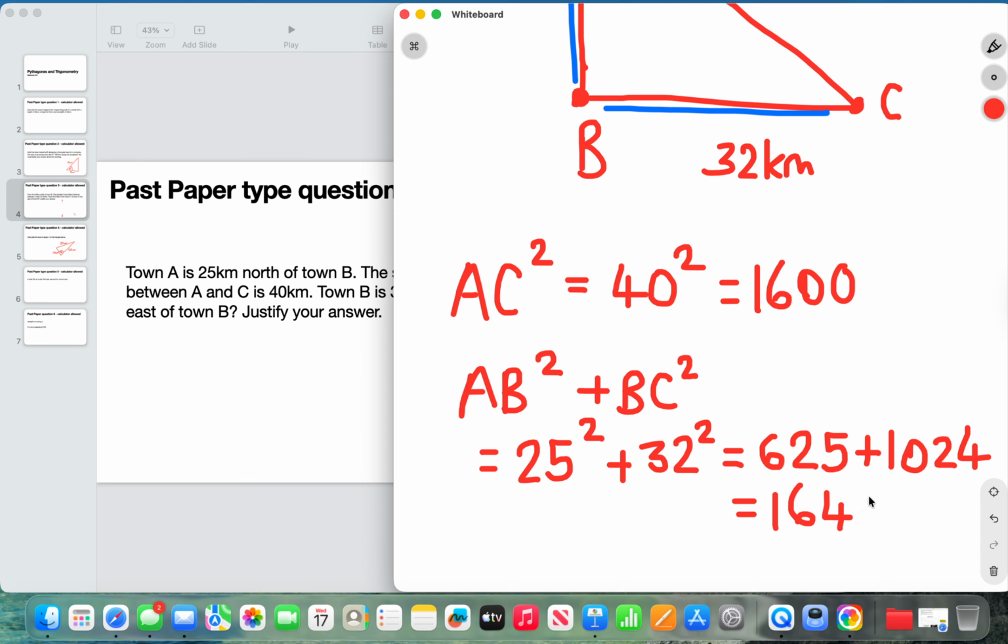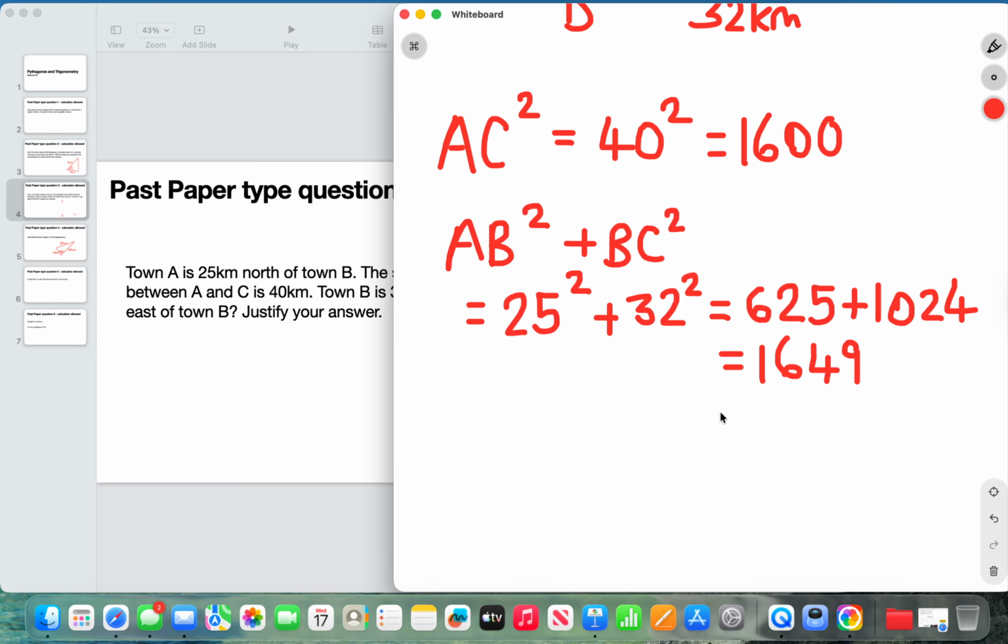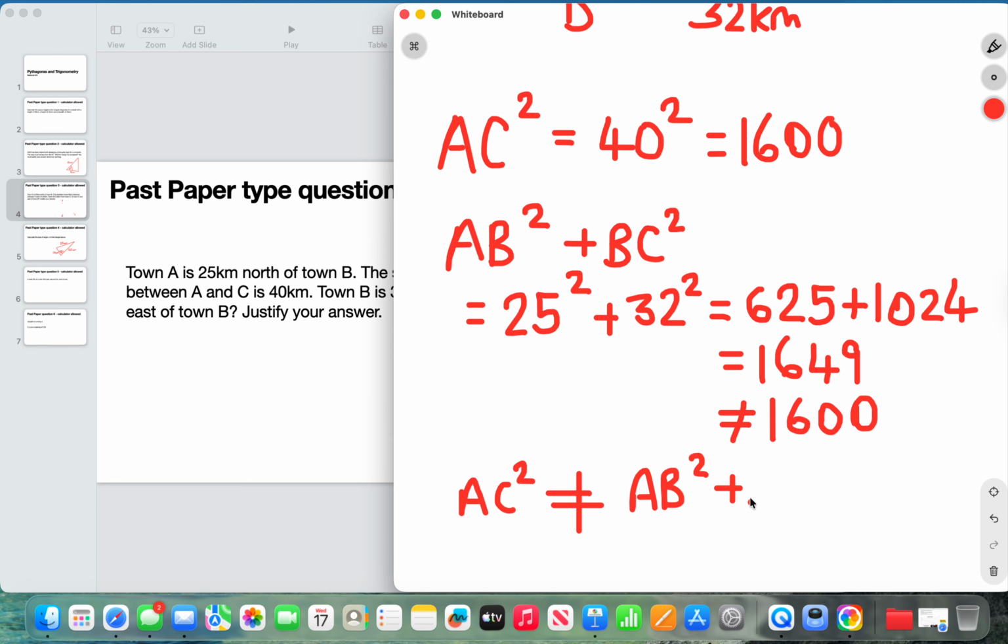As you see, AC squared, 1,600, is not equal to this, and we have that AC squared is not equal to AB squared plus BC squared, and you want to give quite a detailed explanation.